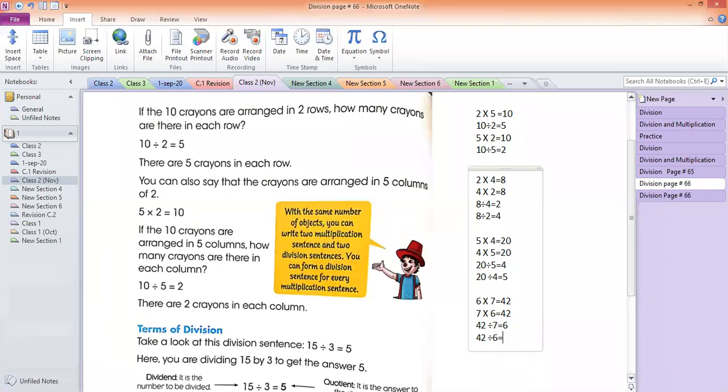It will be equal to 7. Why? Because 6 multiplied by 7 equals 42. So 42 divided by 6 equals 7. If you check from this multiplication, 42 divided by 6: 6 multiplied by what number will give you 42? 6 multiplied by 7 will give you 42. So 42 divided by 6 equals 7. Okay?